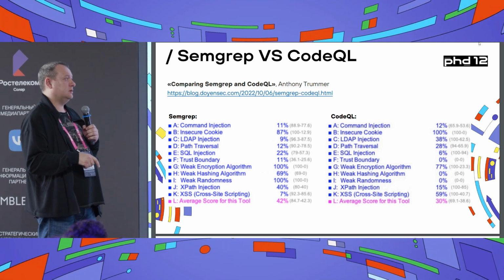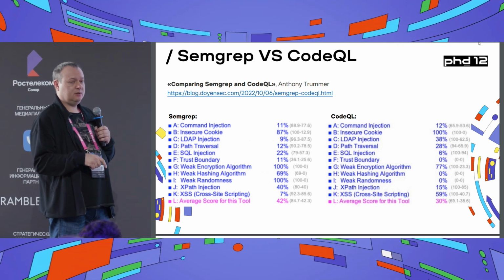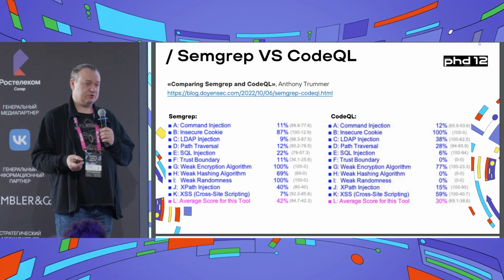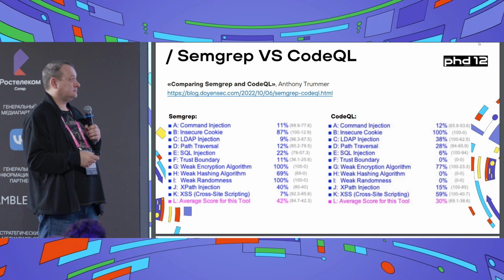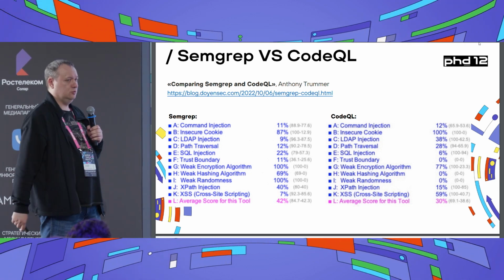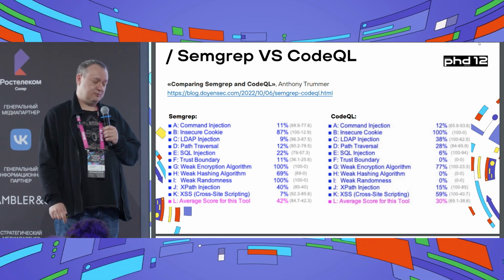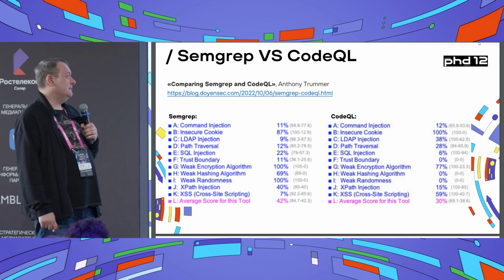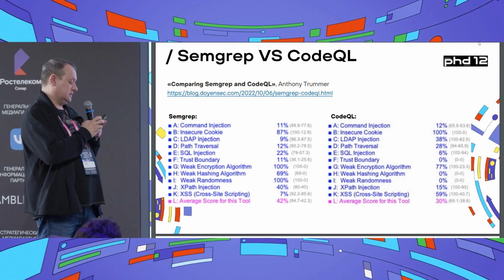Both tools were run on the same project to compare them, and then you can see the results. What is better, what is worse? SemGrep is better. The author says it's arguable.